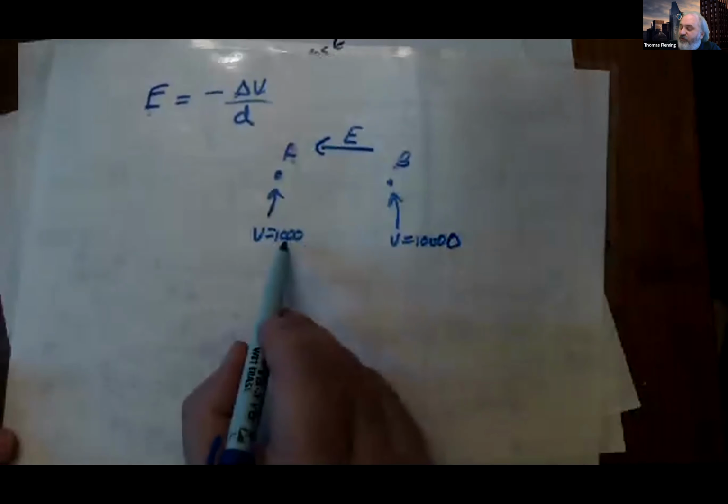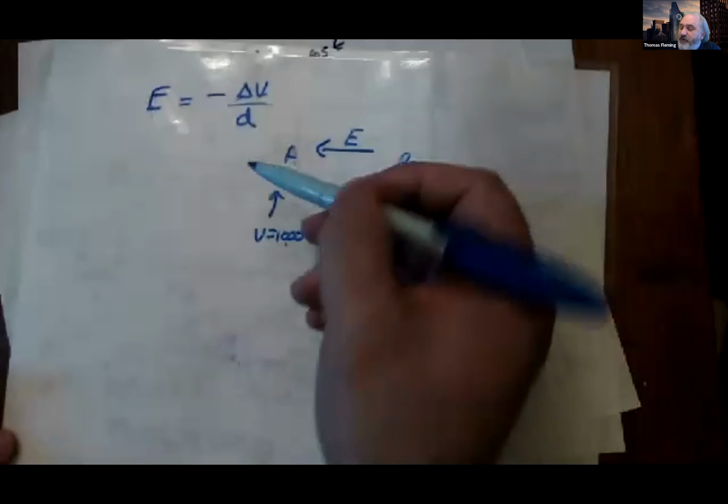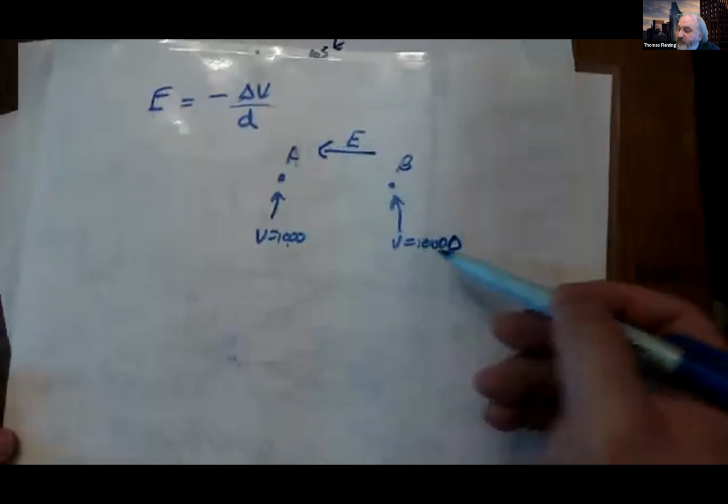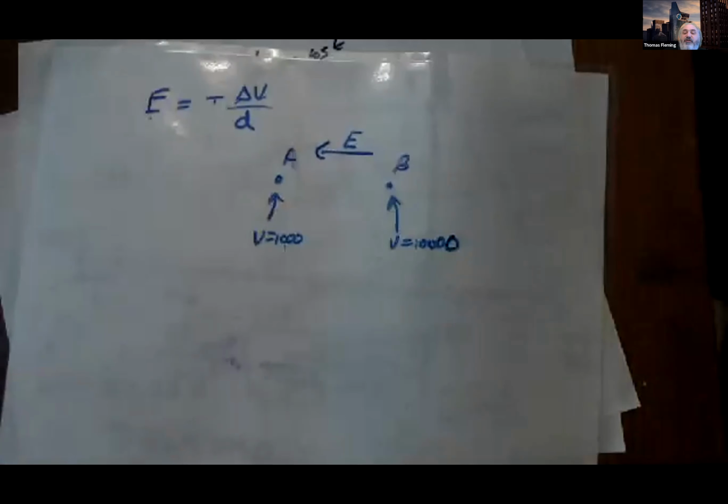So if V is small here and big there, and I go from point A to point B, the electric field is going to point in the opposite direction. E points in the direction that V decreases. That's what that minus sign means. So we've got a relationship between the electric field and the electric potential. And a lot of times it's easier to figure this out and then use this to calculate that.